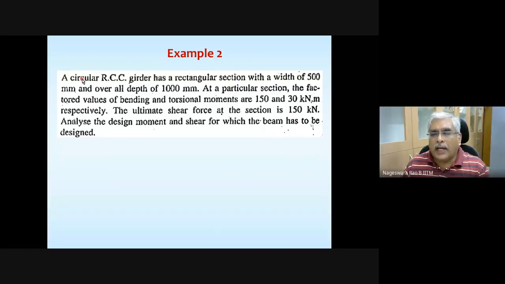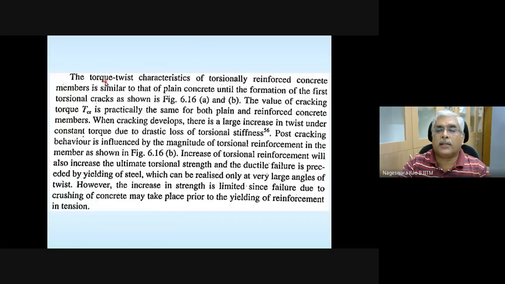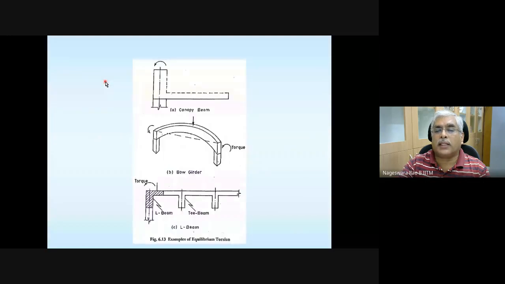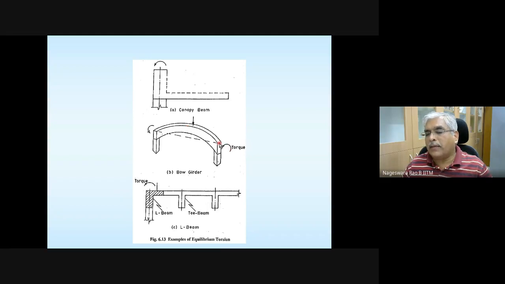Let me show you what Professor Amlan is mentioning. So this kind of thing is like a part of a circle: a beam having this kind of geometry in plan, whereas the cross section is rectangular.